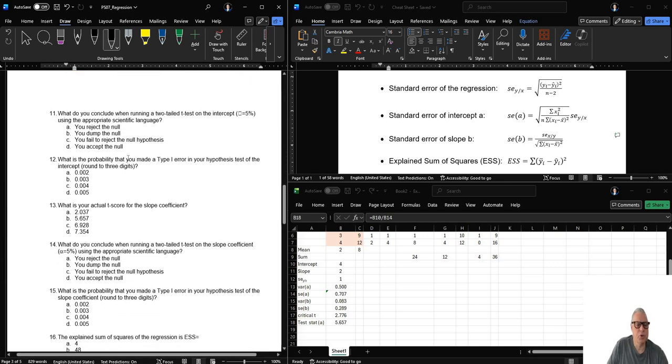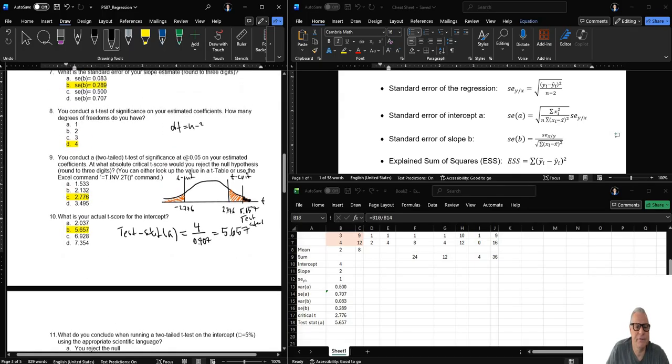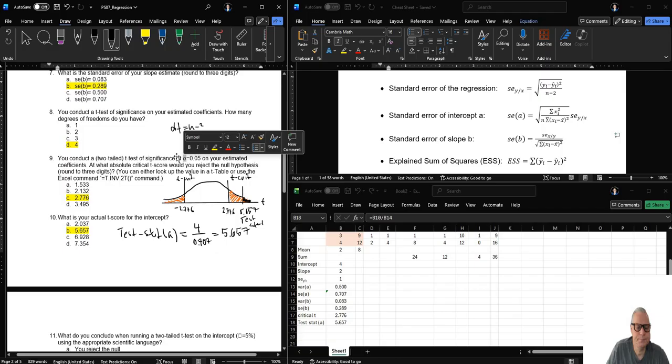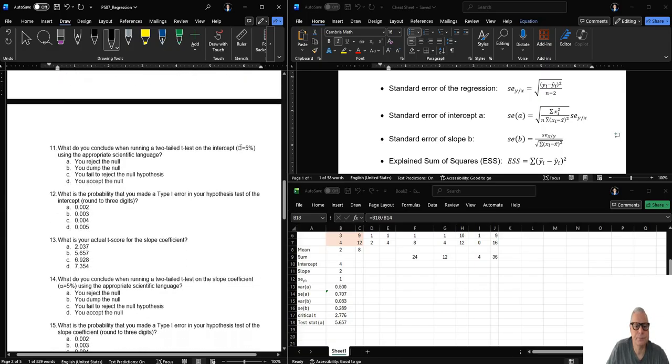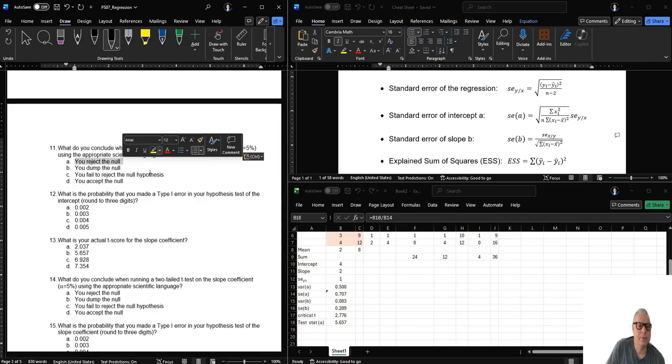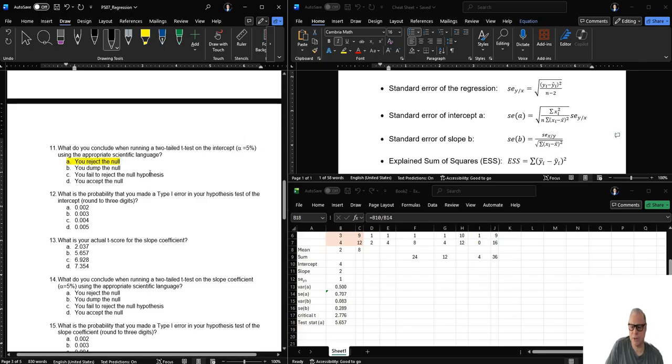So what would you conclude when running a two-tailed test on the intercept at alpha 0.05? Well, using the appropriate scientific language, we reject the null. There are only two things you can do in statistics when it comes to hypothesis tests.